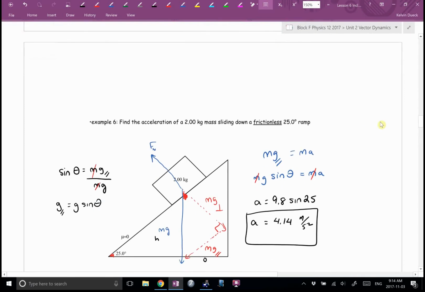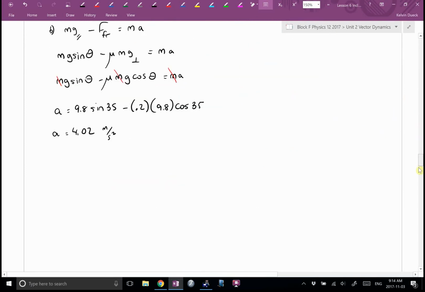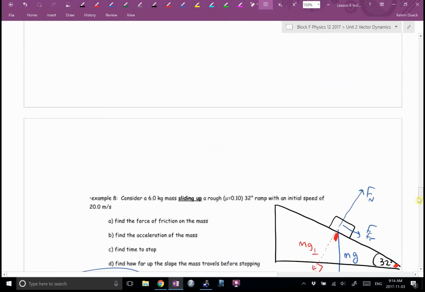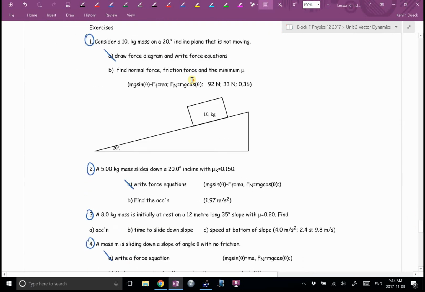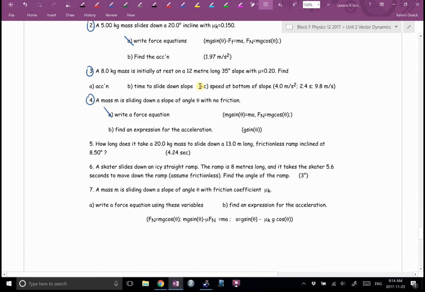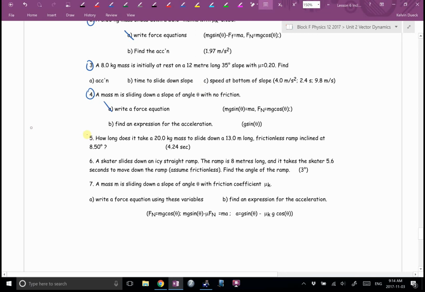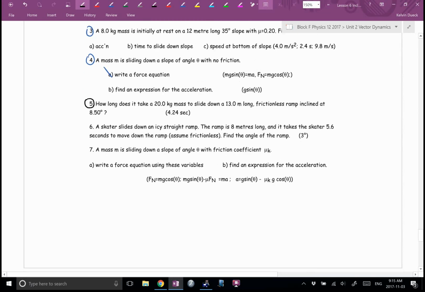What's your homework? So, I had said number 1, cross out A, just do B. I'd assigned that. So now you can handle number 5. It's asking you to find time. What does number 6 want you to find? We could, by the way, how would you find the angle?